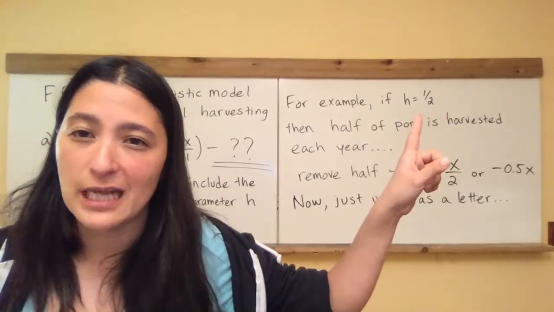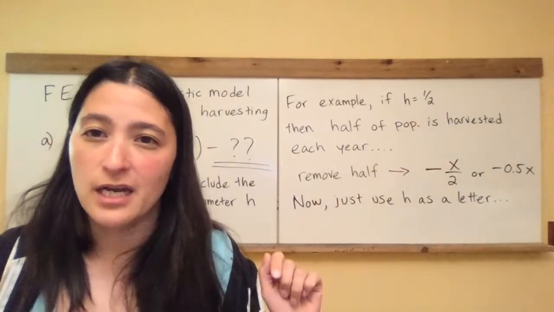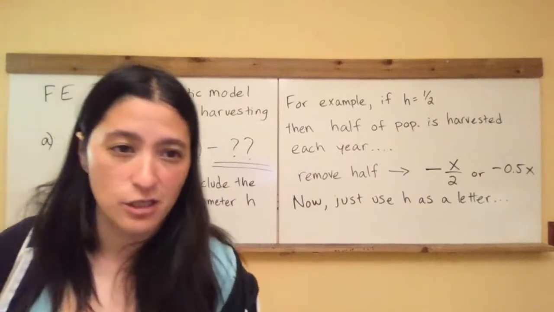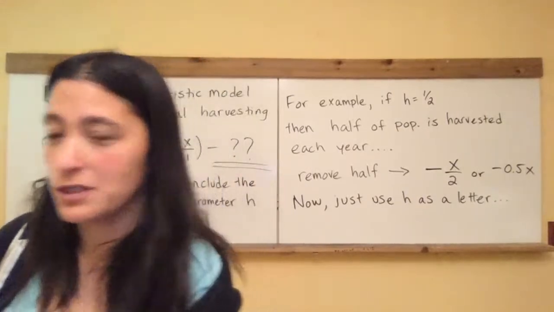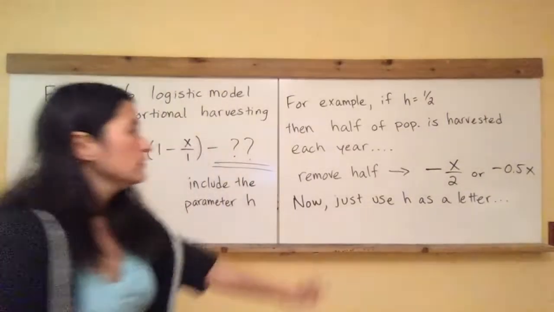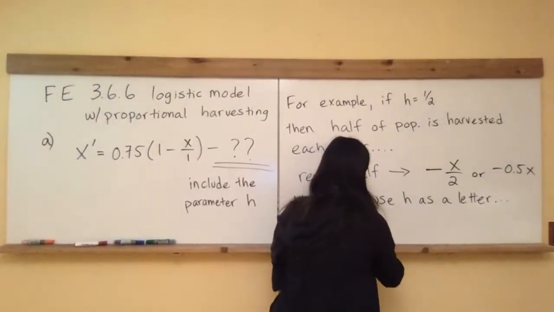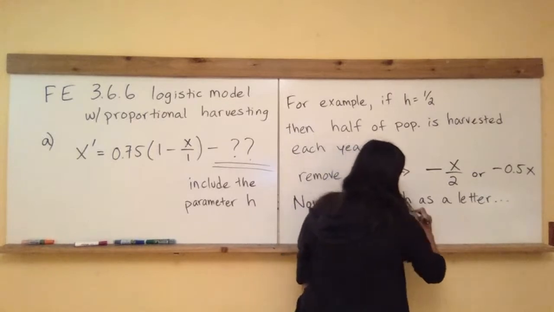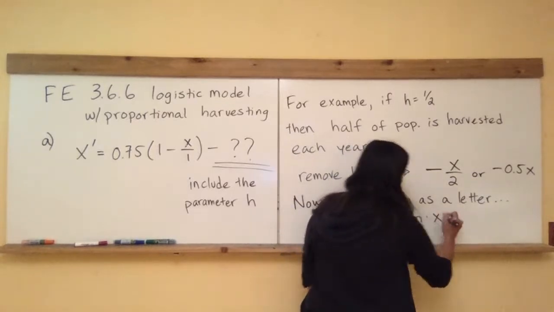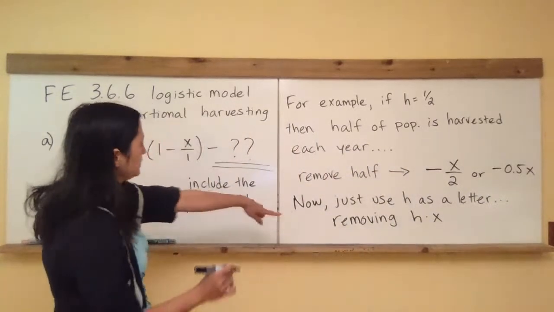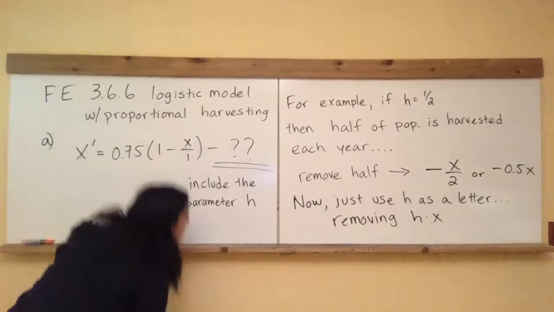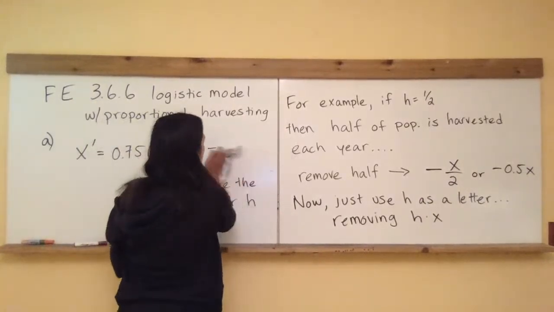Like when I said h is equal to 1/2, I just multiplied it by that term, and so that's correct, right? We're going to do hx. So now we're going to remove hx. So we're removing h times x, then what goes right here is minus hx.